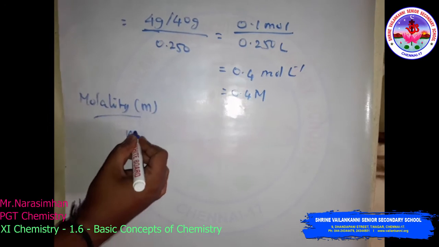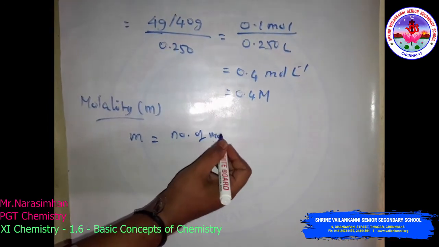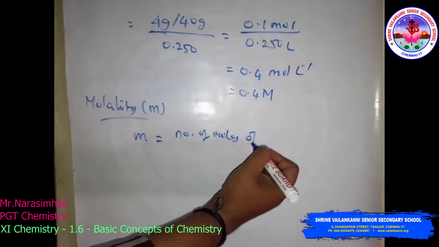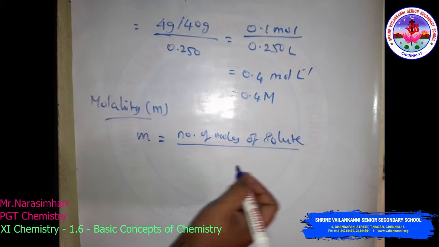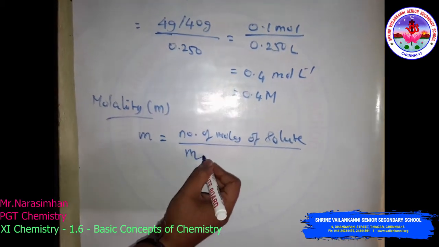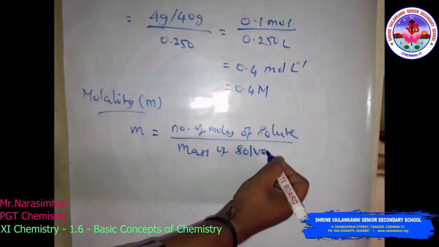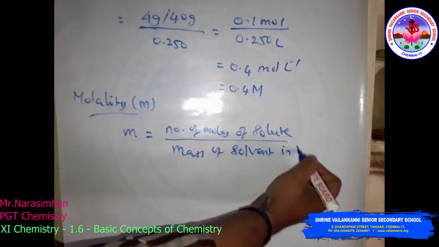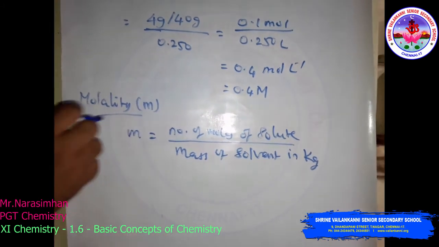So molality is equal to number of moles of solute divided by mass of solvent in kilogram. So this is the definition of molality.